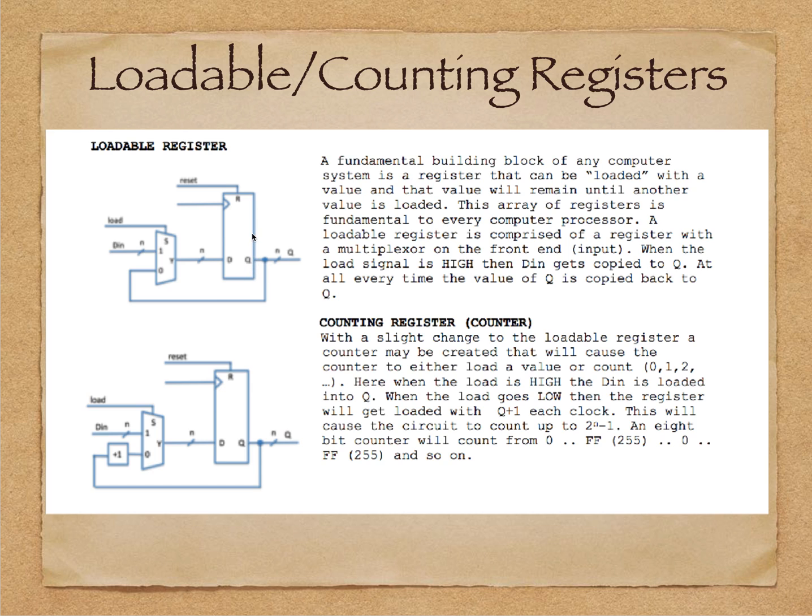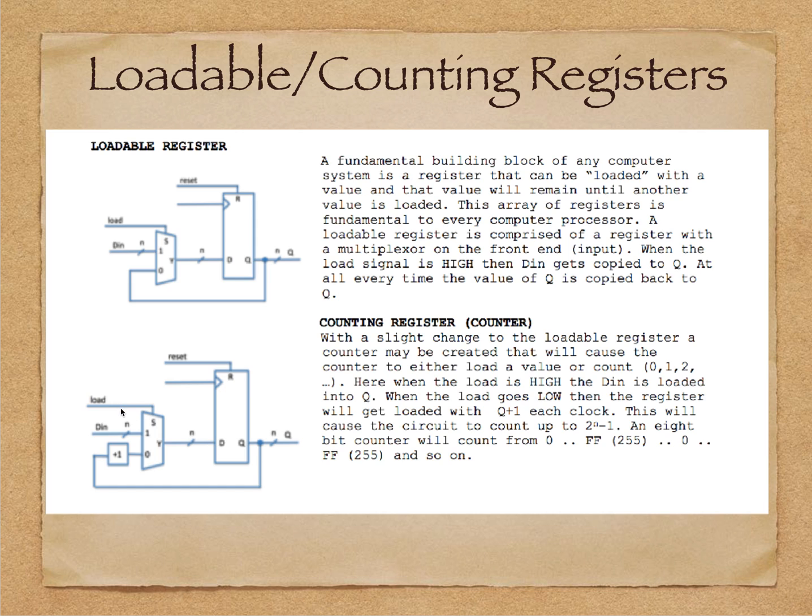We have a register, which as we've stated is just an array of D flip-flops. Then on the data path in, we put logic to give us the behavior that we want. Here below is a register that we can either load or count. When we want to load a value in, we assert the load signal to a 1, which allows the data coming in to get loaded into the register.